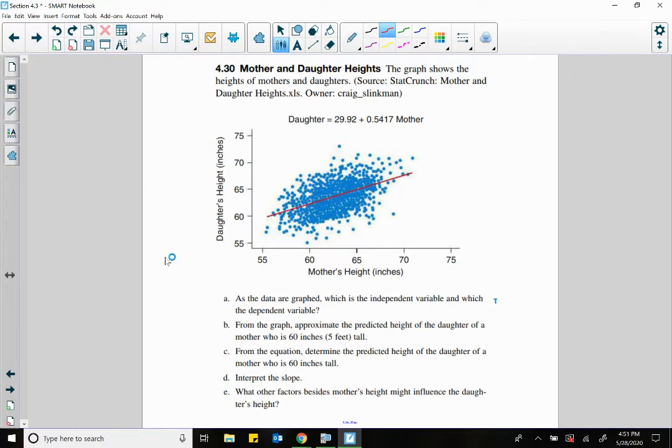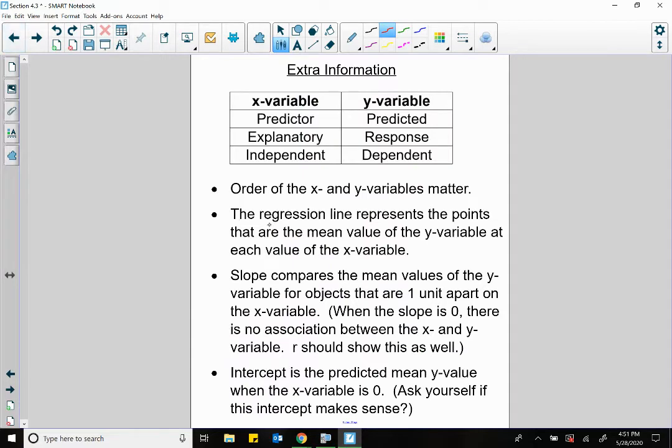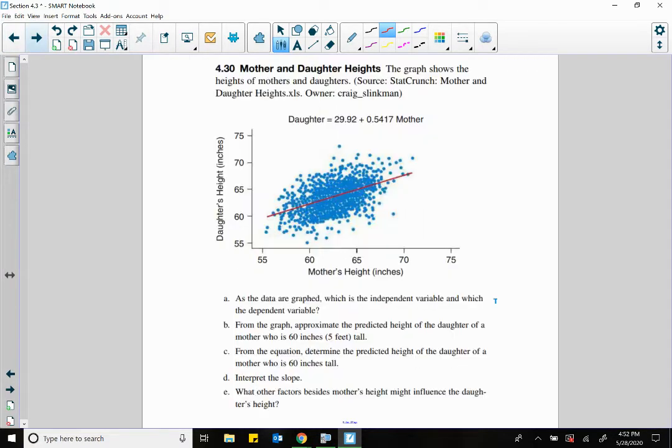This example is going to help me explain everything that we talked about from the second dot on down. Okay? I'm going to be able to explain all that right here. So the first one's easy. Who is the independent variable? And that's mom. Mom is the independent. The x-axis is the independent.